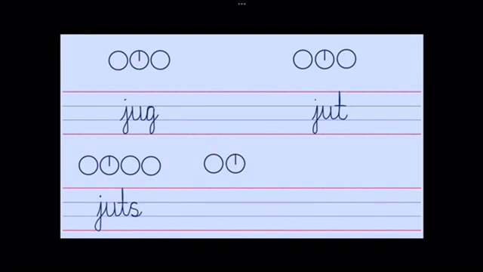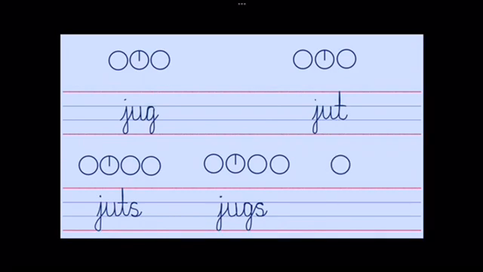J, U, G, S. Jugs. So we write our starter word, jug, and then we add suffix S again for more than one.